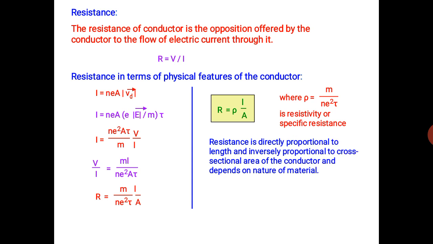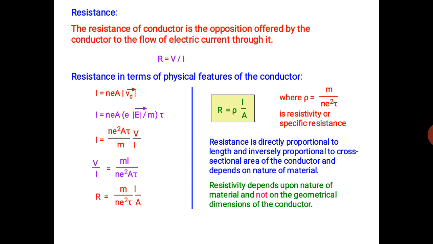So resistance is directly proportional to the length, inversely proportional to the cross-sectional area of the conductor, and depends on the nature of the material. Resistivity depends upon the nature of the material and not on the geometrical dimensions of the conductor.